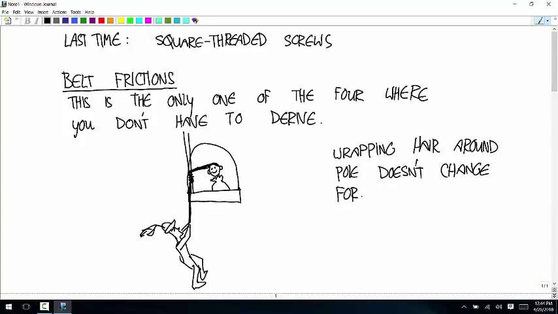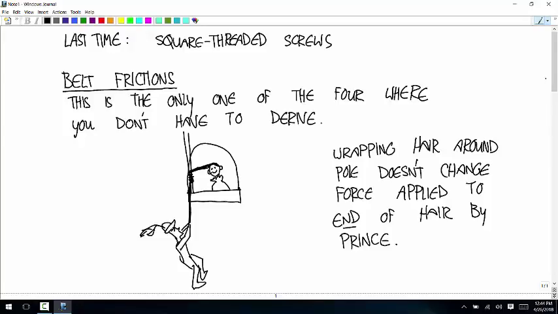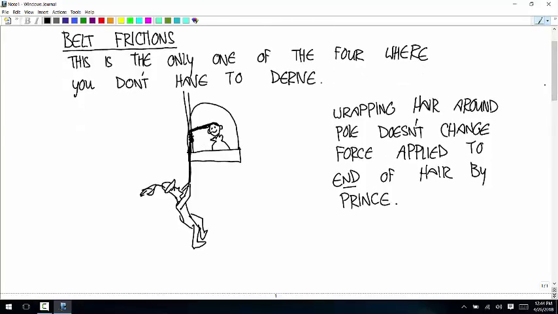It doesn't change the force applied to the end of the hair by the prince. But the friction with the pole takes some of the required force for equilibrium away from her head.